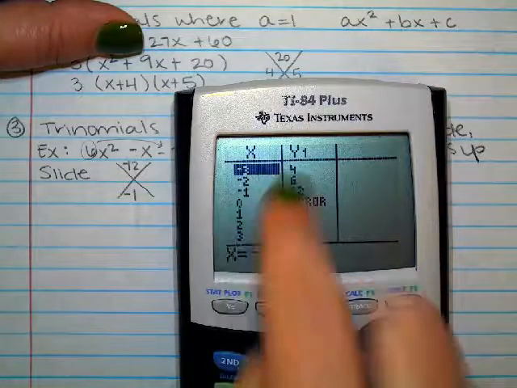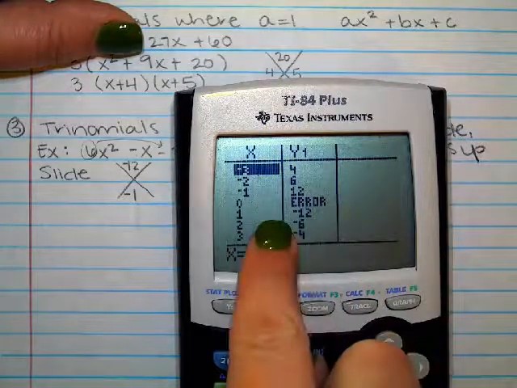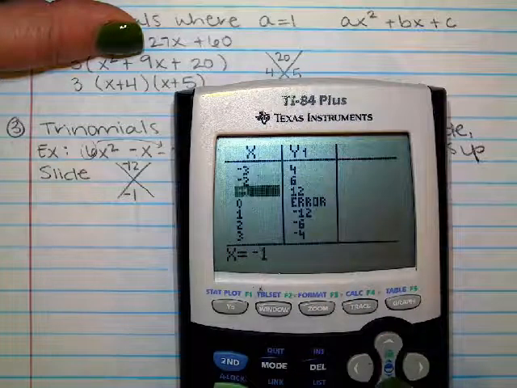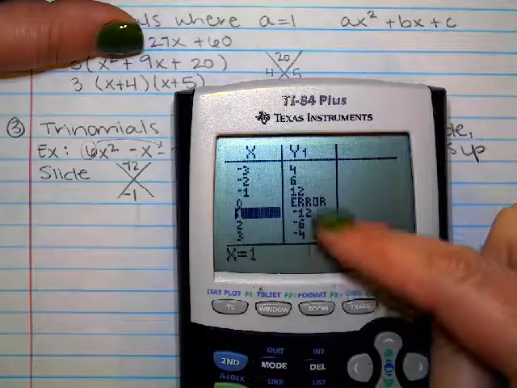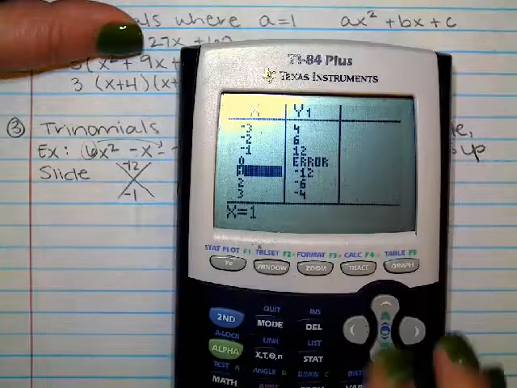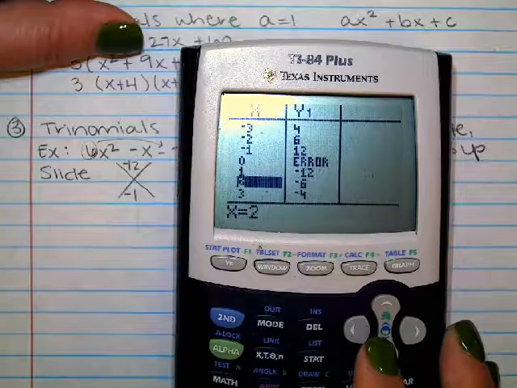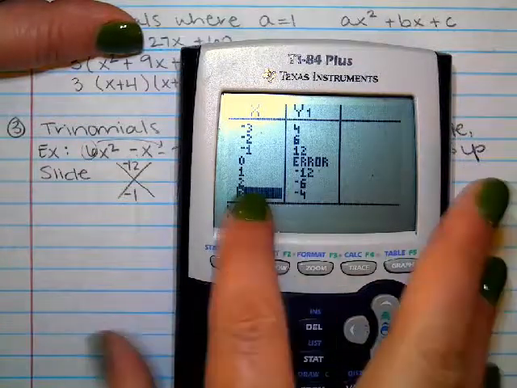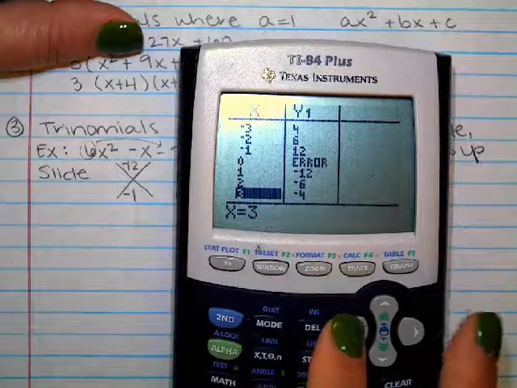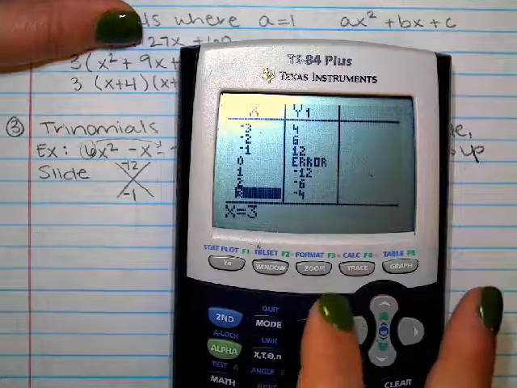These numbers down here are adding to negatives. So I know that I'm going to be scrolling down here in my list on the table. So that adds to -11. This adds to -4. This adds to -1. So I can tell that those are the two numbers I'm going to use, 3 and -4.